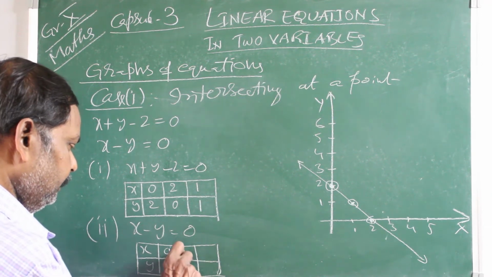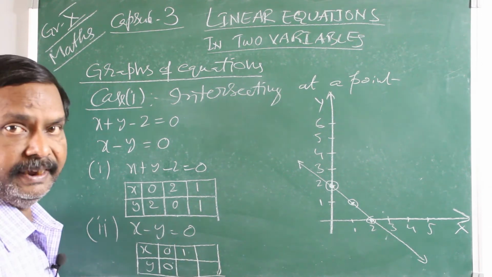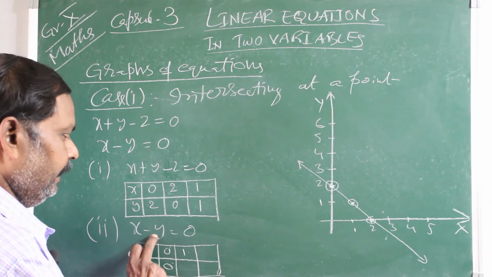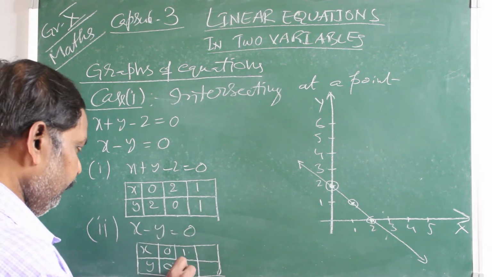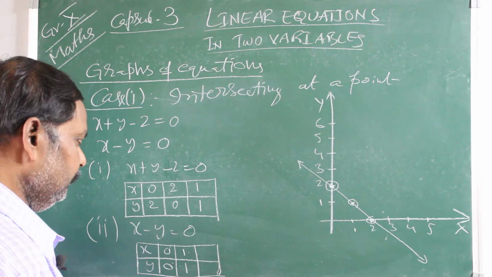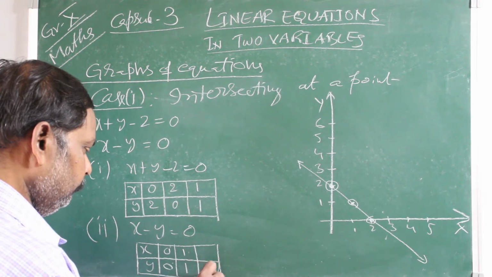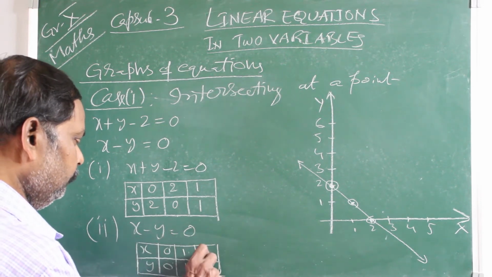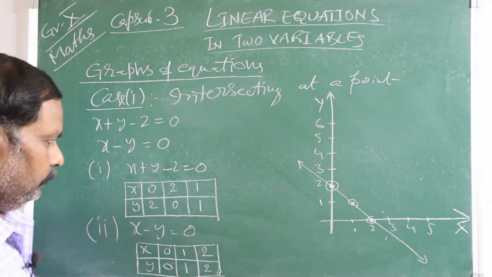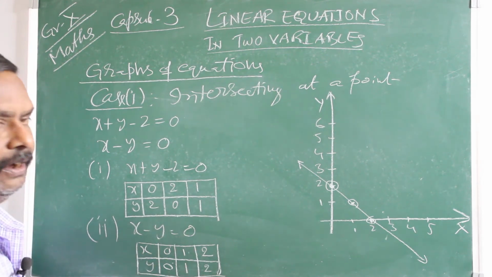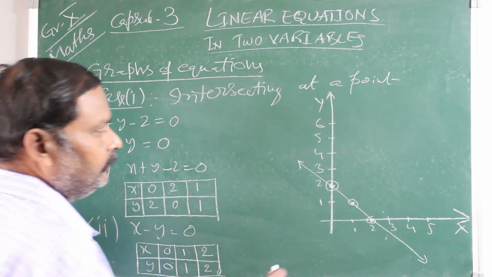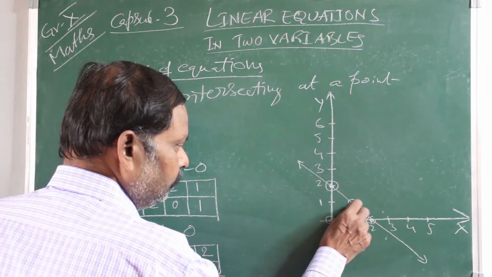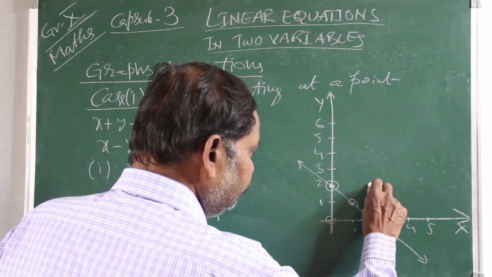If x is equal to 1, 1 minus y is equal to 0, minus y taken to the other side becomes plus y, then y is also equal to 1. If y is equal to 2, then x minus 2 is equal to 0, x is equal to 2. So 0, 0; 1, 1; 2, 2 are the coordinates for the second line. First one is 0, 0, the origin. Next is 1, 1. After that, next is 2, 2.